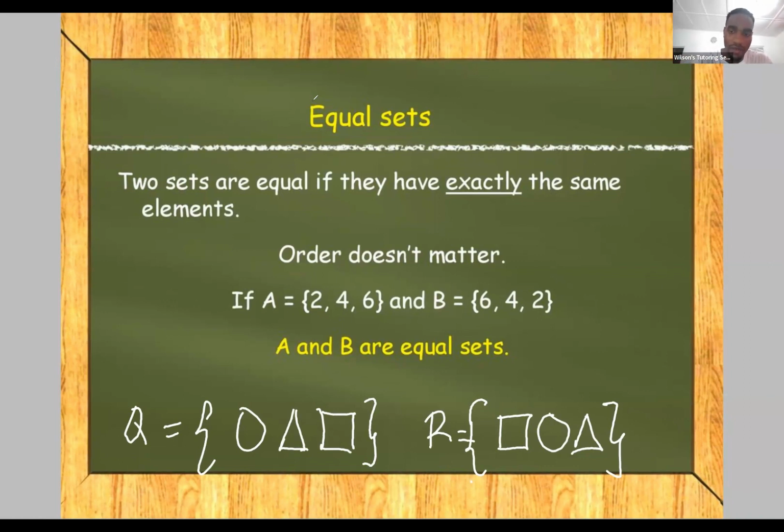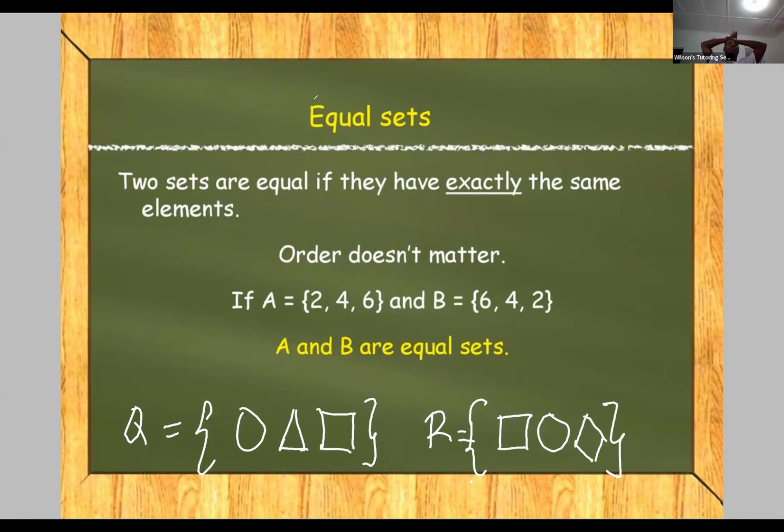The order doesn't matter. But if I had a diamond instead of a triangle, then the two sets would not be equal, but they would be equivalent.